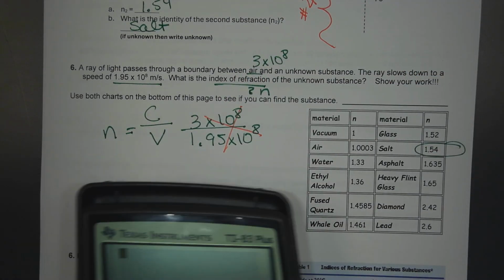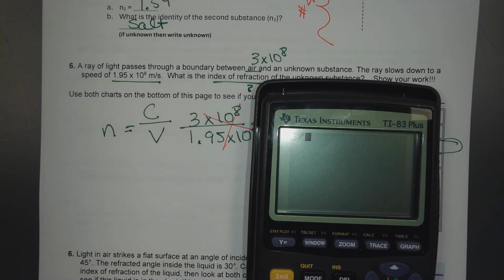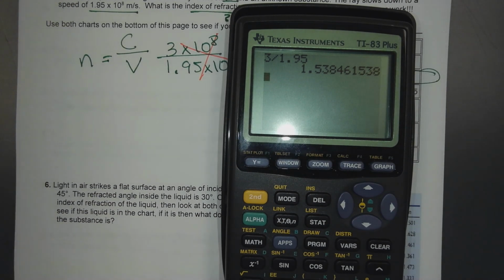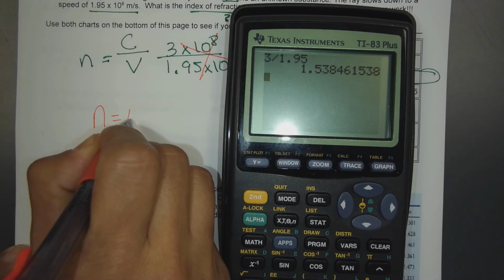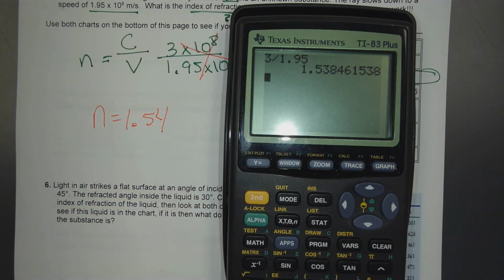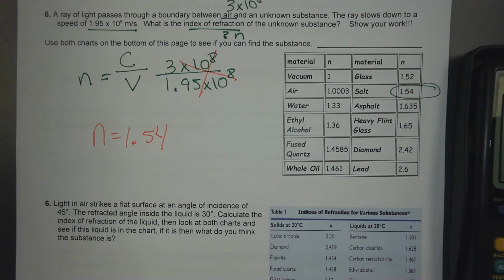That's pretty cool. So for this situation, 3 divided by 1.95, there you go, 1.54 again, pretty much. N equals 1.54, or 1.38, however you want to call it. Pretty close to 1.54. All righty.